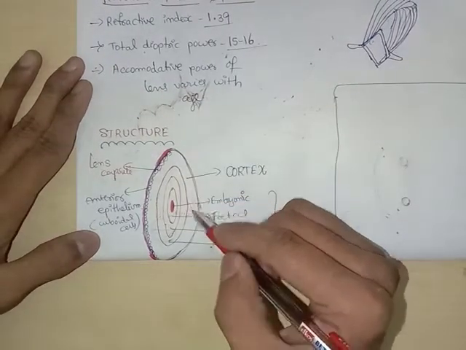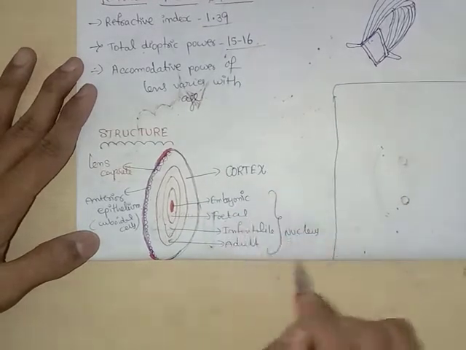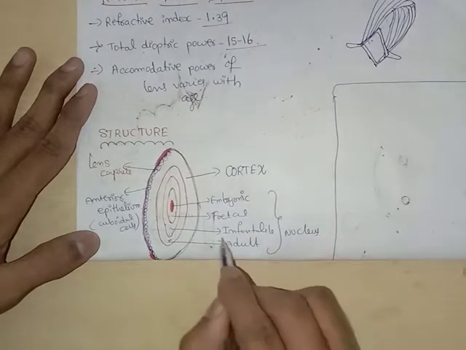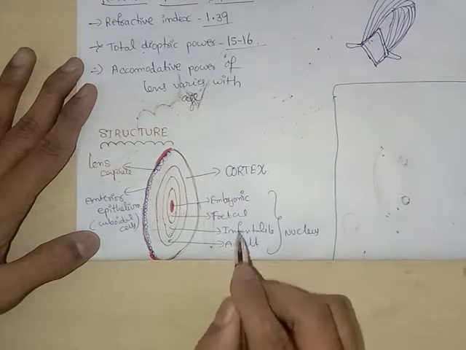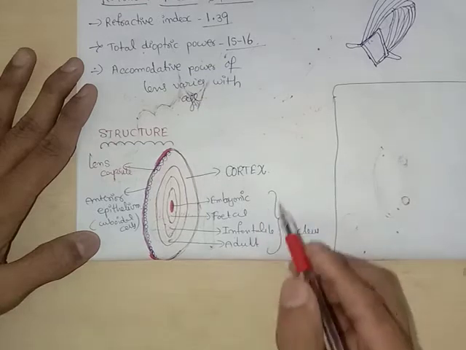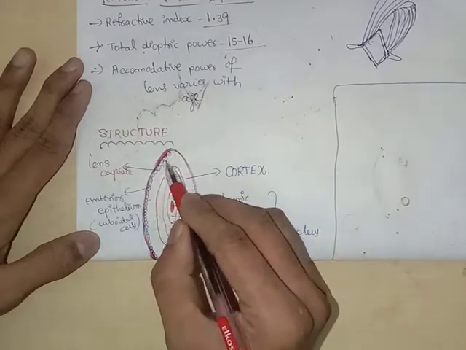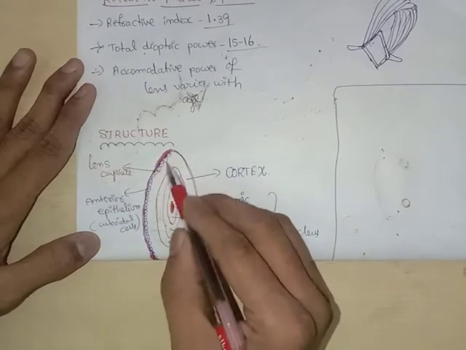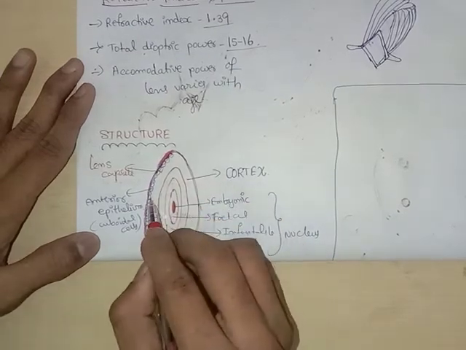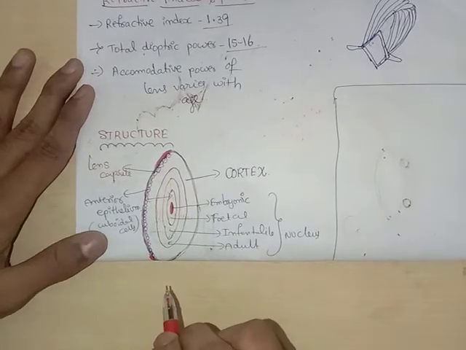Now we see there is a cortex after the epithelium, and then there is a nucleus. The nucleus consists of embryonic and fetal fibers, infantile fibers, and adult fibers. How they are formed, now I will explain. These are formed from the epithelium. These cells go towards the center.